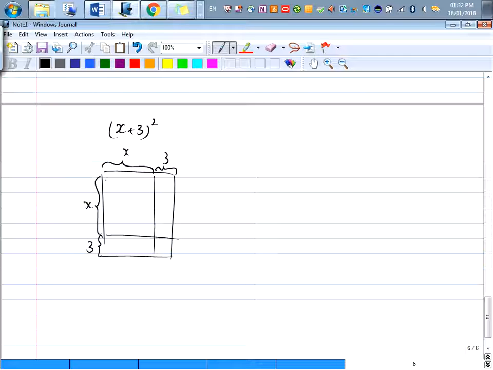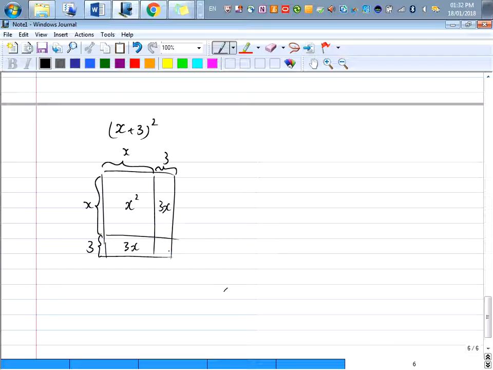It is made out of a square over here. Sides dimensions x by x. What is the area inside this square here? X square lah. Okay, and then this side I have 3, and its height is now x. How much is the area here? 3x. What about this one? It's the same, right? 3x.